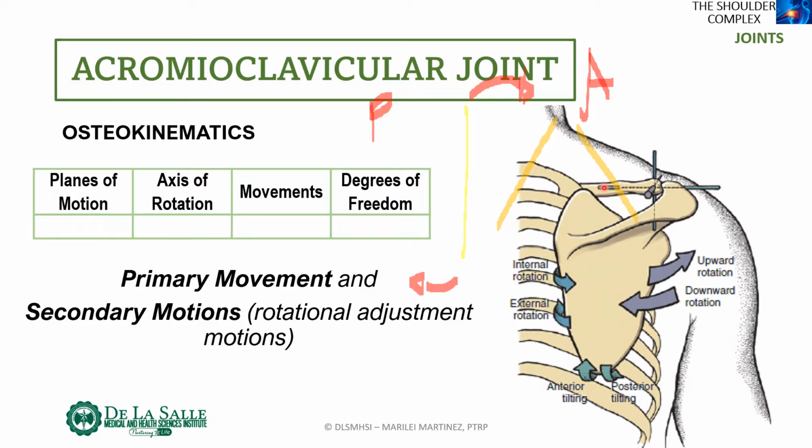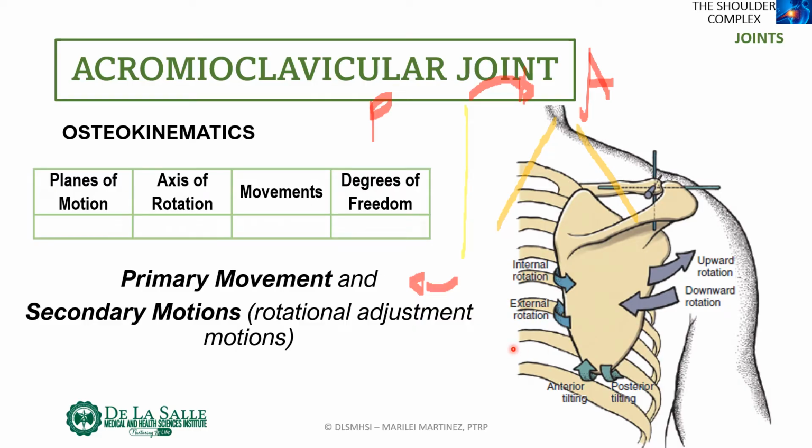Ma'am, what do you mean by secondary motions or rotational adjustment motions? These so-called rotational adjustment motions are needed to optimally align the scapula against the thorax, as well as adding to the total amount of its motion. That's why it's not considered a primary movement, because the primary movement of the acromioclavicular joint is the upward and downward rotation.